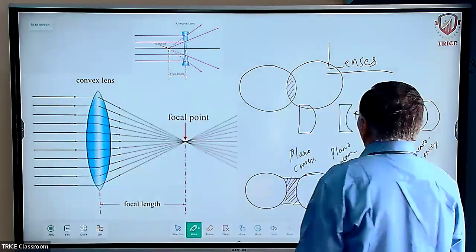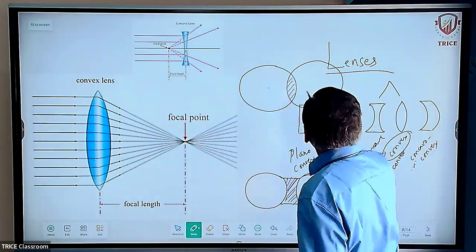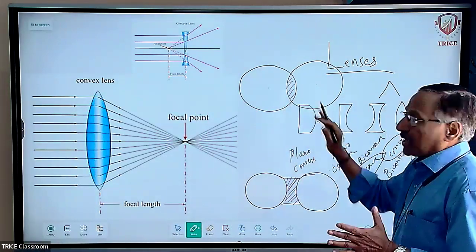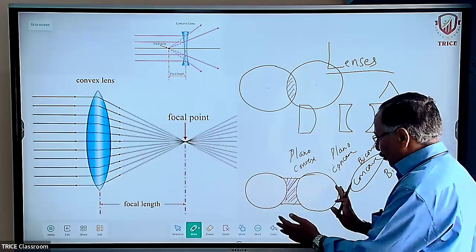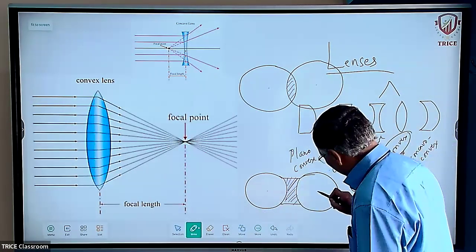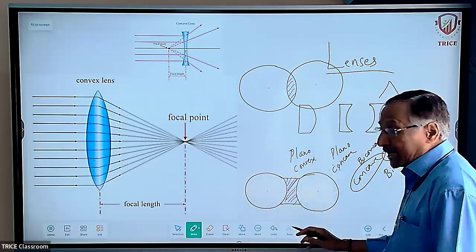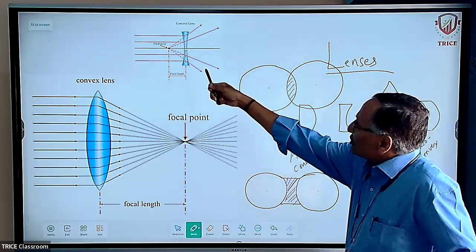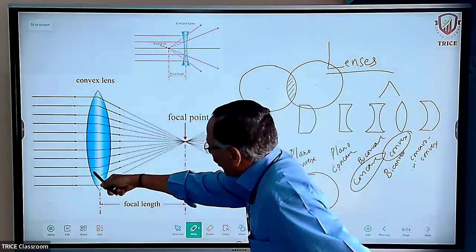When two spheres overlap each other, then you find a convex lens formed. When two spheres come close to each other, then you find a concave lens. So these are the two. This is a concave lens, this is a convex lens.